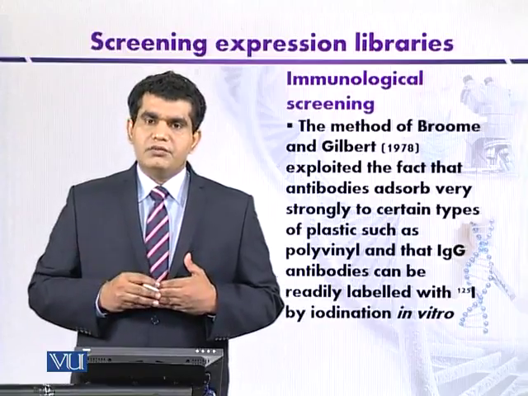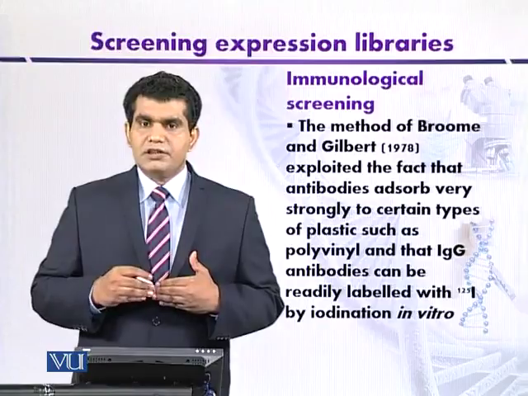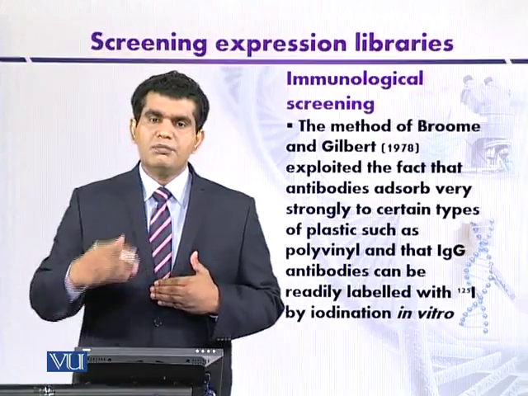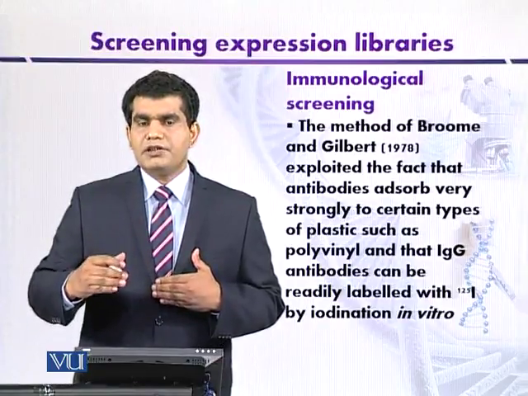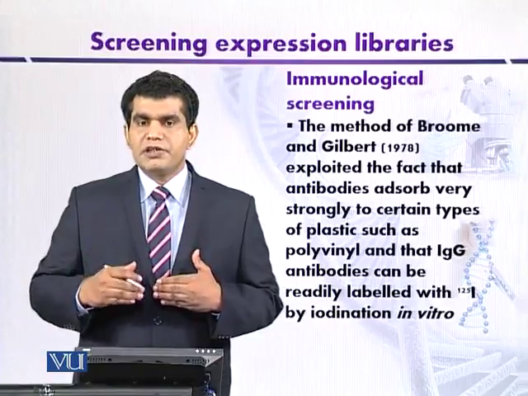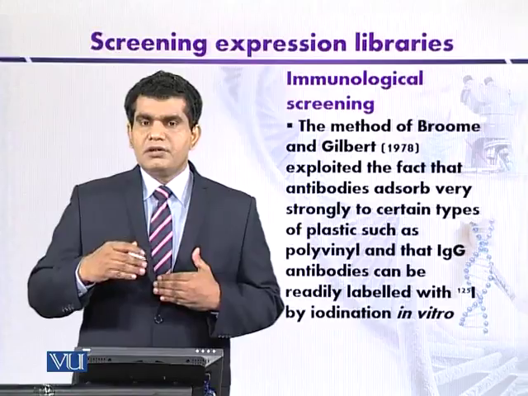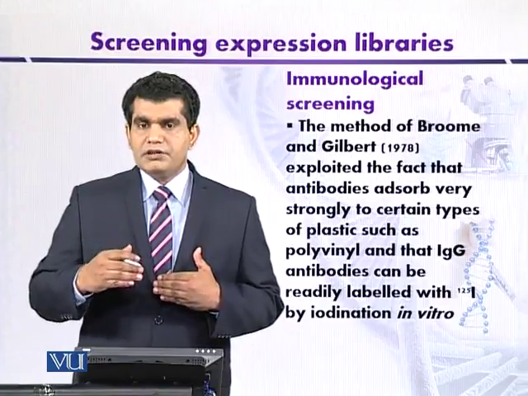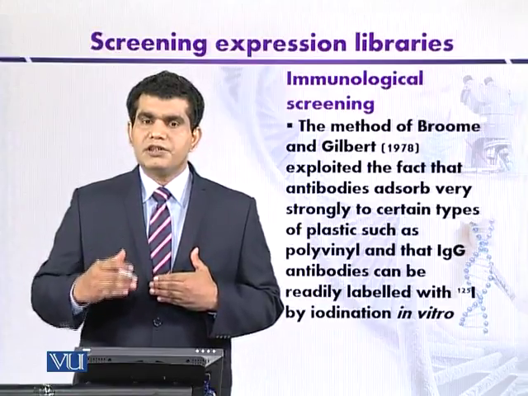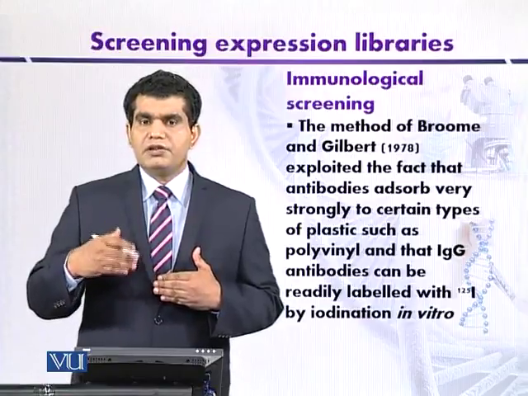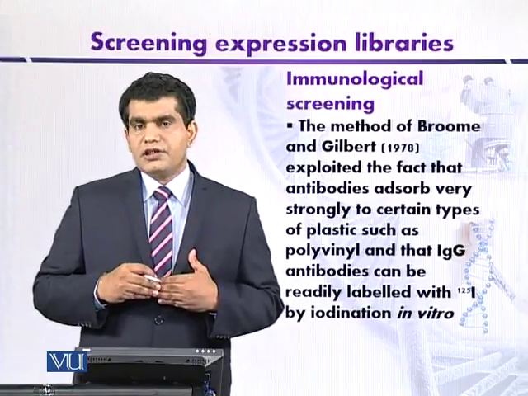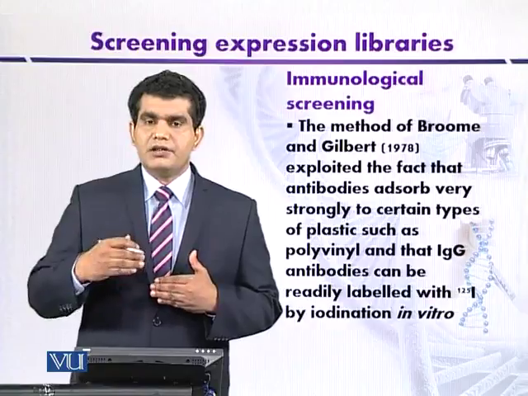Their strategy was based on the fact that target proteins can bind with some plastic materials like polyvinyl, and after polyvinyl binding, such polyvinyl sheets can be further used to detect the target protein by using another antibody.